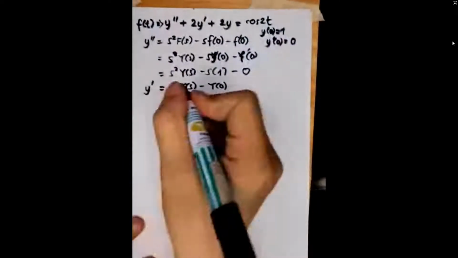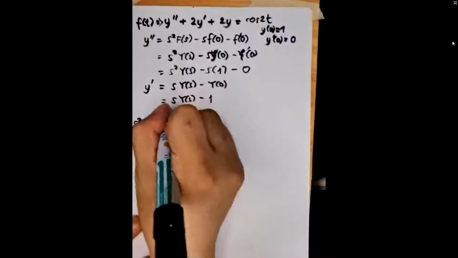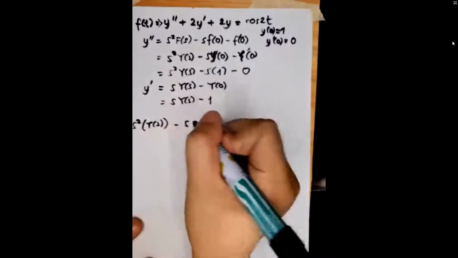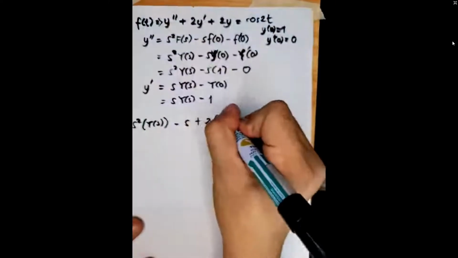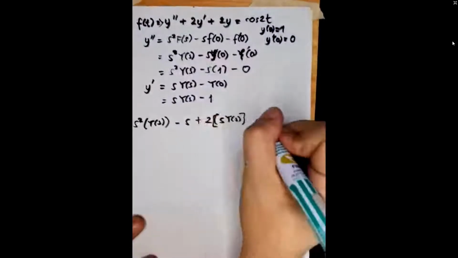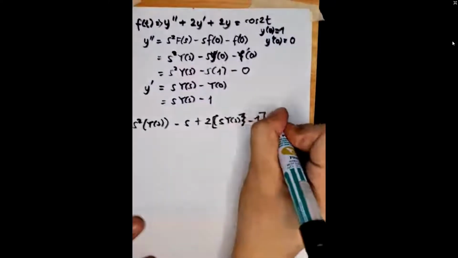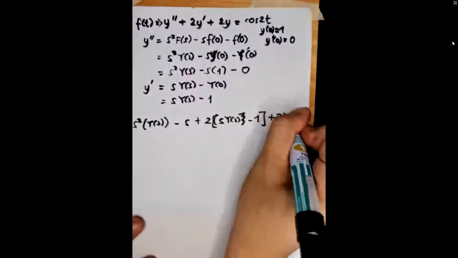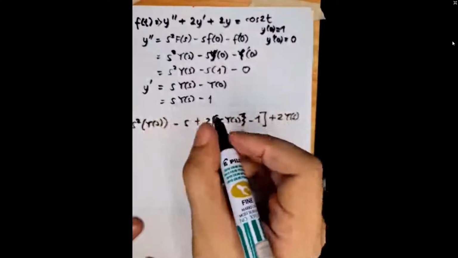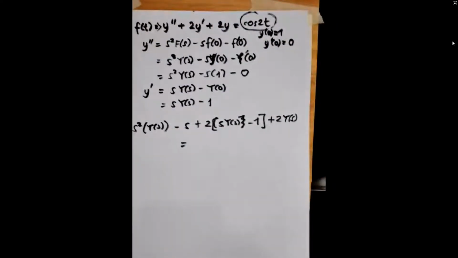So we'll have s squared y of s minus s plus 2 times s y of s minus 1 plus 2 y of s is equal to, now let's transform this one into a function of s.